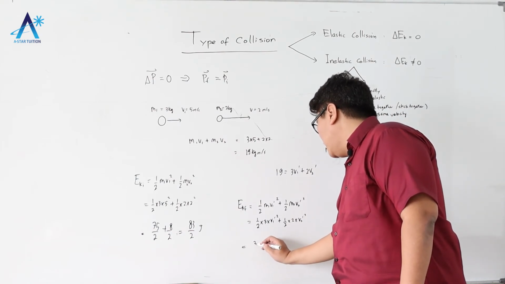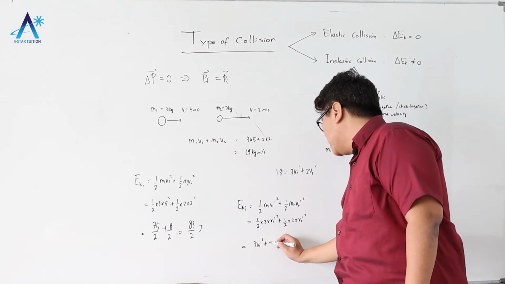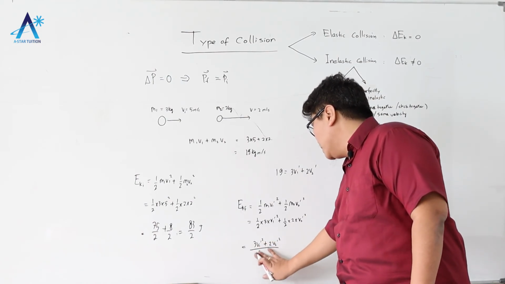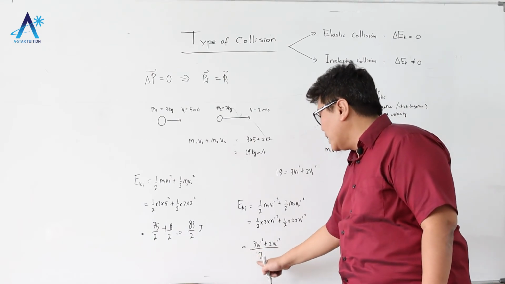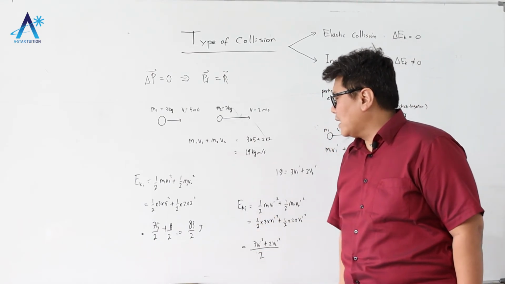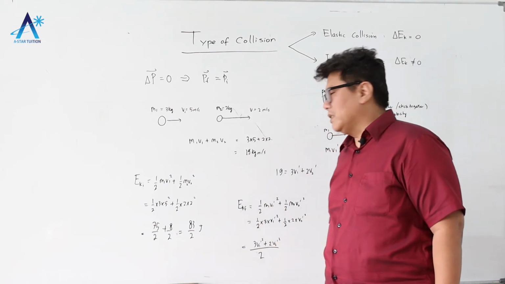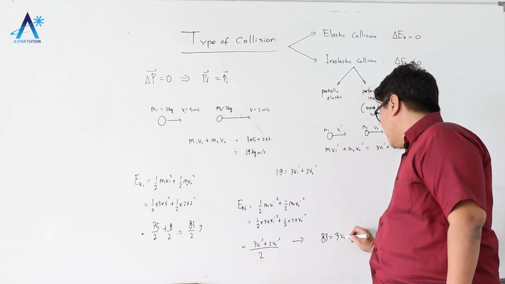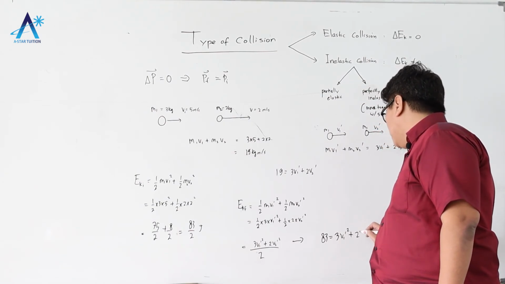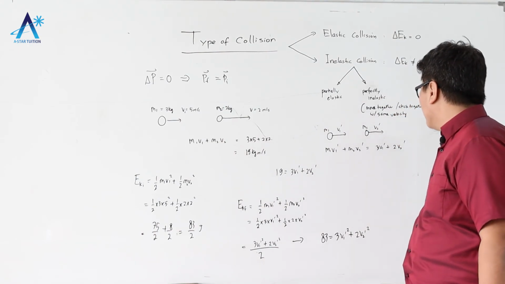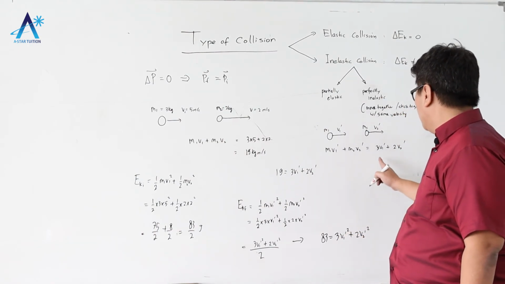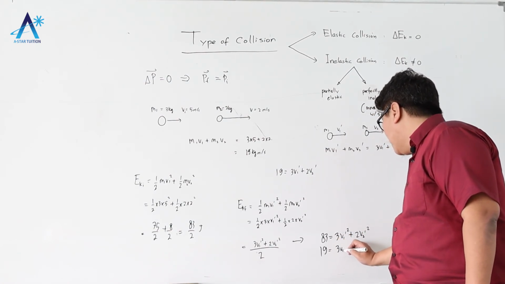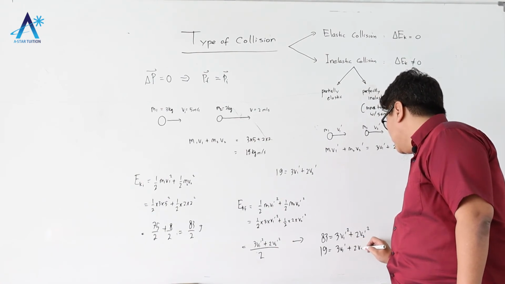So this is equal to 3 v1 prime square plus 2 v2 prime square, over 2. We set the final kinetic energy equal to the initial kinetic energy, which is 83 over 2. So in this case, 83 equals 3 v1 prime square plus 2 v2 prime square, and 19 is equal to 3 v1 prime plus 2 v2 prime.